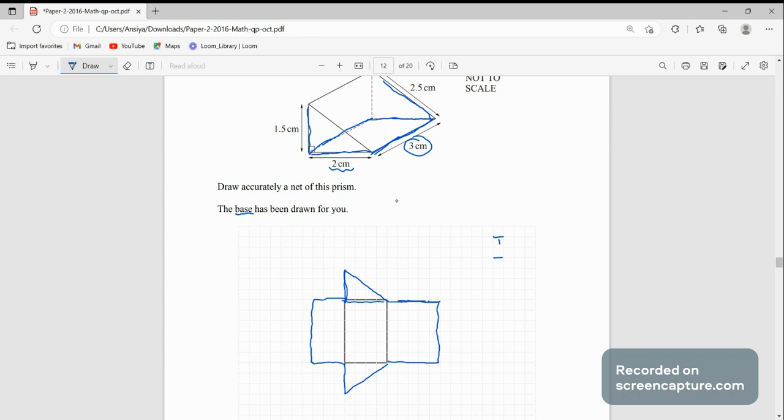When we are combining 2, it is 1 here. And that's why the base was already given there. By seeing that, we should understand how many squares they took as length. Accordingly, we need to draw. Simply drawing a net is simple, but we need to make sure that we follow the measurements given. Otherwise, the topic is easy.